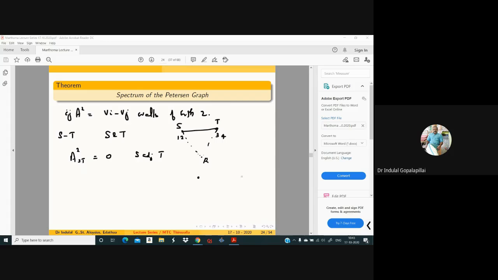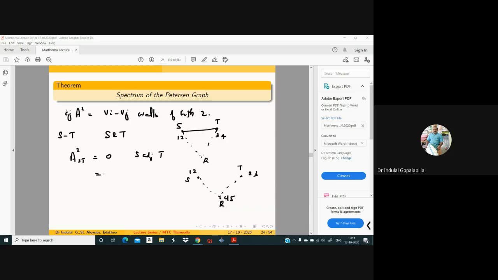Now, if S and T are not adjacent, that means S and T have a common member in the two-element sets, say {1,2} and {2,3}. Then there exists {4,5}, so that S is adjacent to this R and T is adjacent to R, so that there is only one SRT walk of length 2.